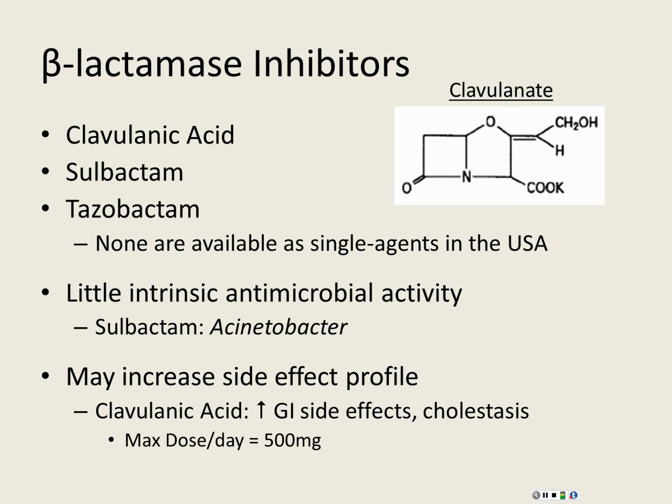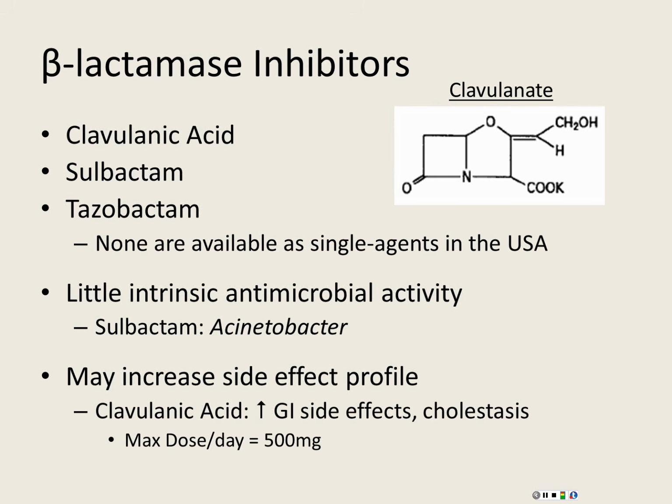However, we do have beta-lactamases that now can render these beta-lactamase inhibitors inactive. A good example would be an ESBL. So an ESBL is a type of beta-lactamase that renders any of our combination products with beta-lactams inactive. These agents have very little intrinsic antimicrobial activity. However, sulbactam does have some activity against Acinetobacter.